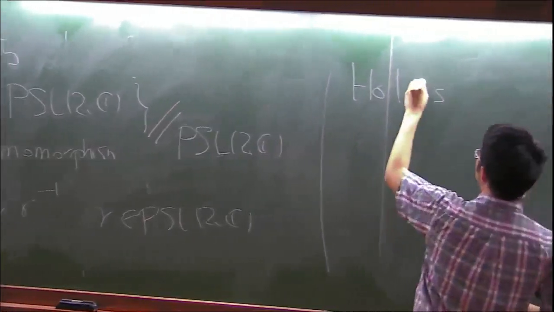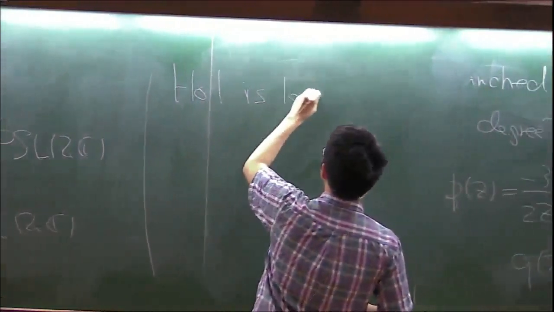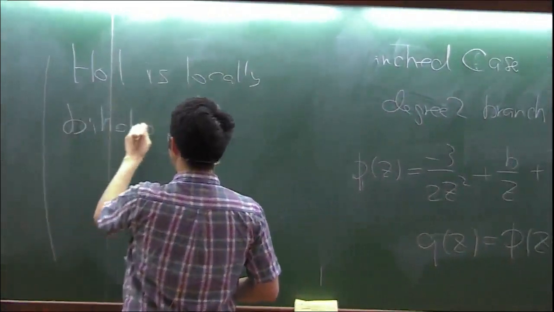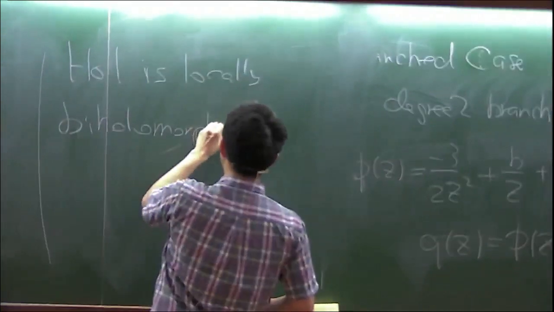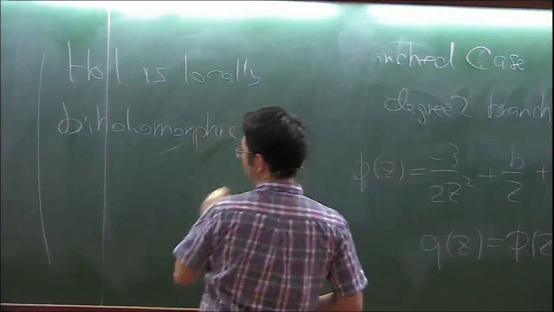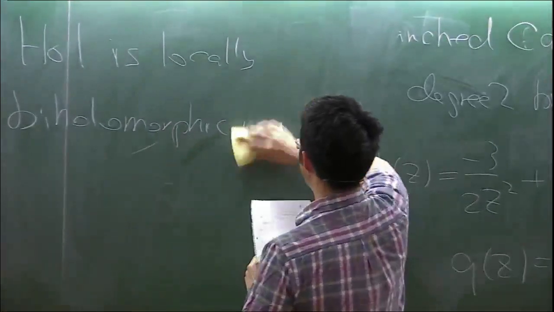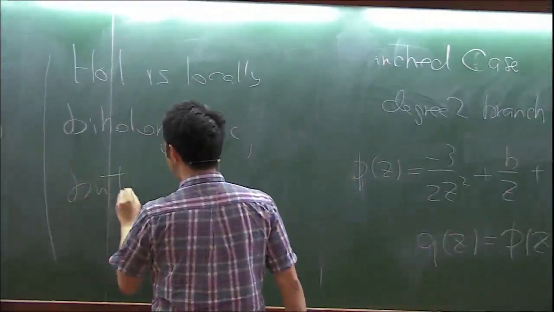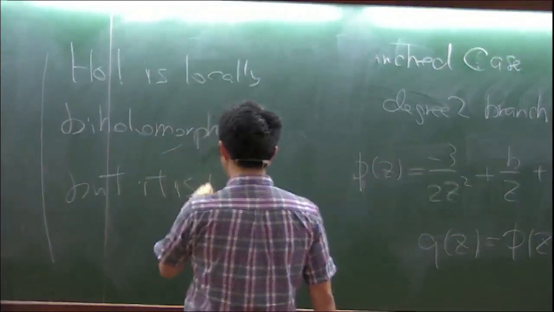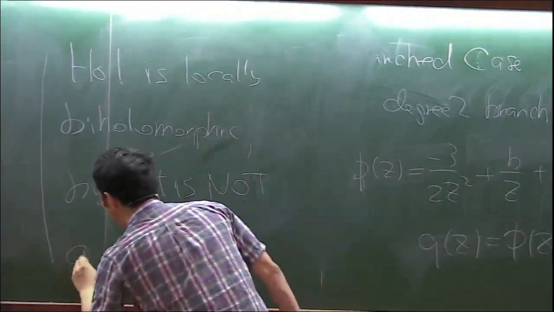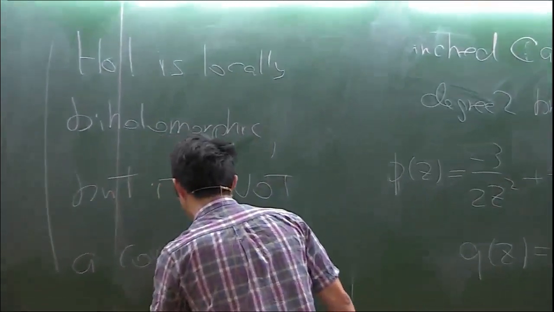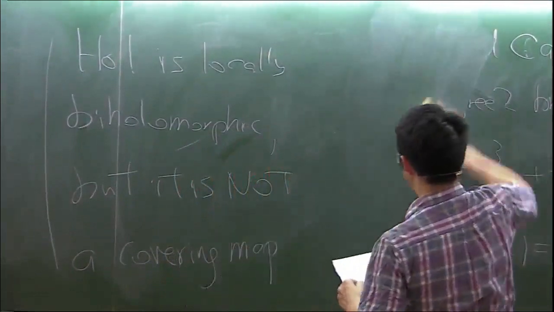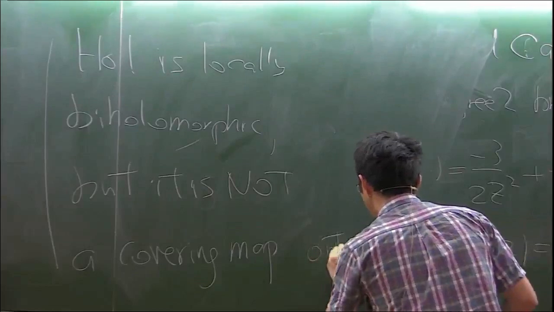It's known that this holonomy map is locally biholomorphic, but it is not a covering map onto its image.